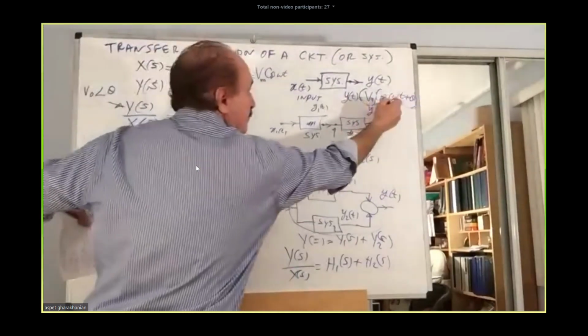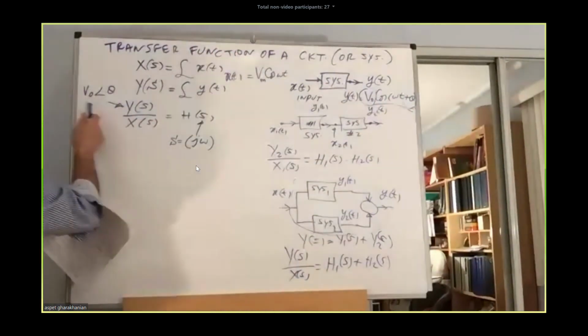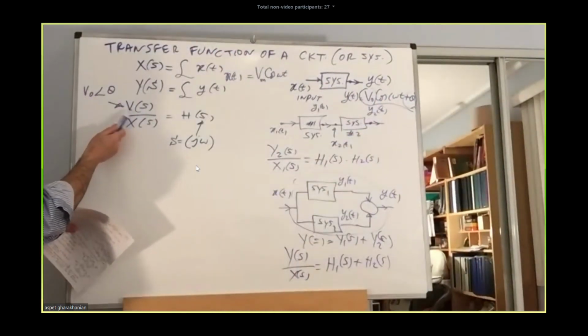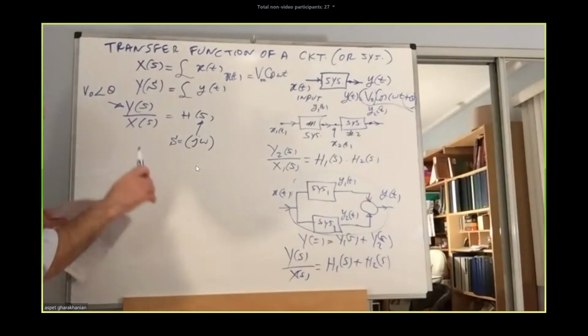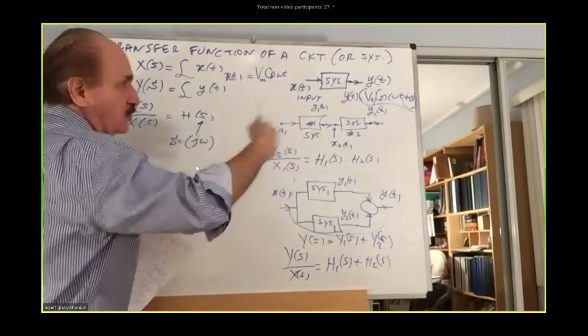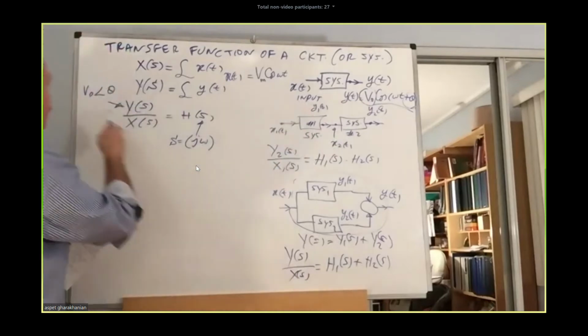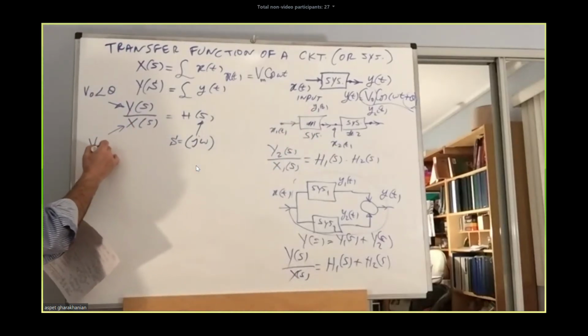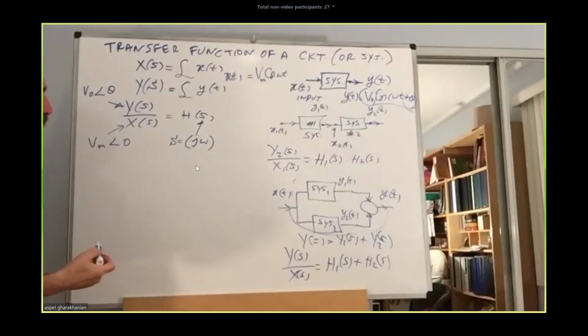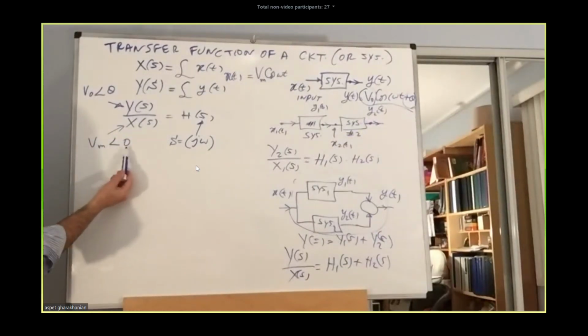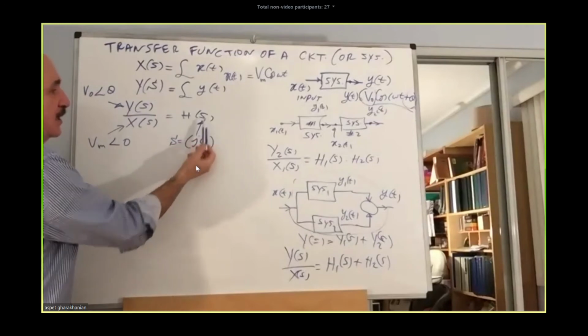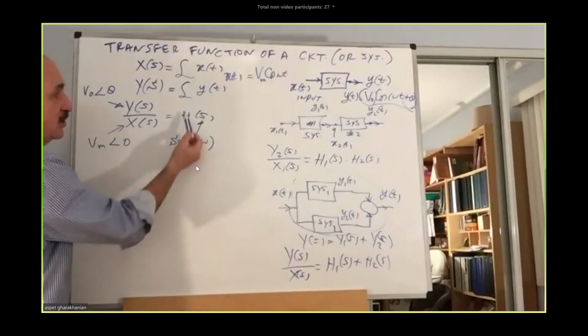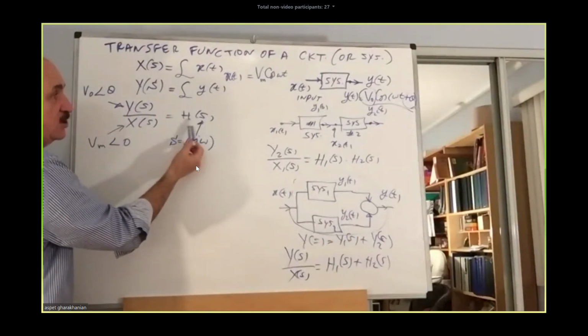This is the output phasor description of y of s, not time domain, but specific time domain, the sinusoidal, cosinusoidal, the phasor description. For the x of t, you will substitute Vm angle 0. So if you know what is your Vm, and you know what is your frequency, you can calculate the H of j omega.